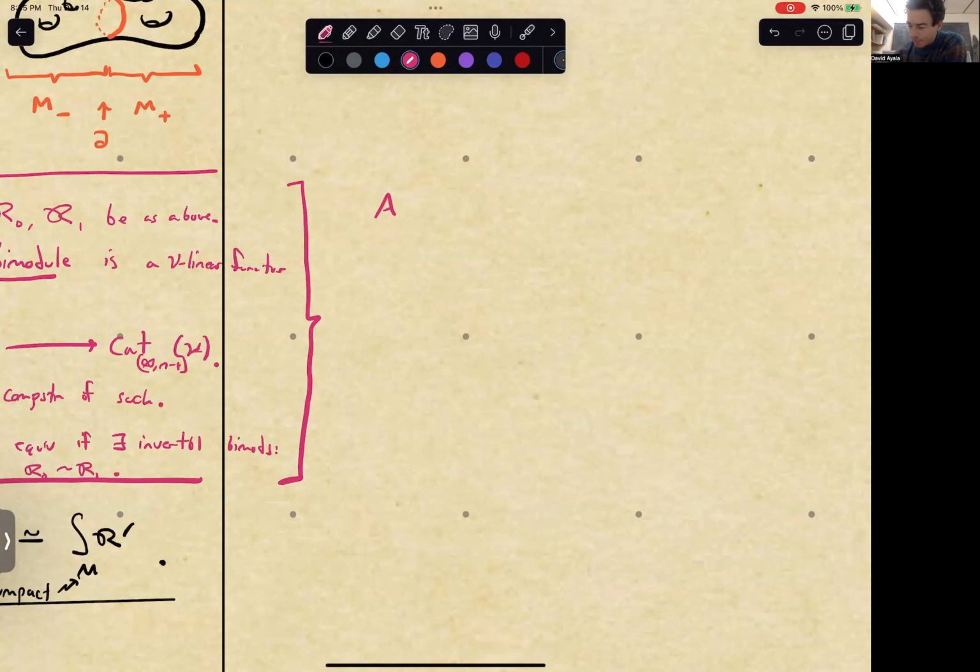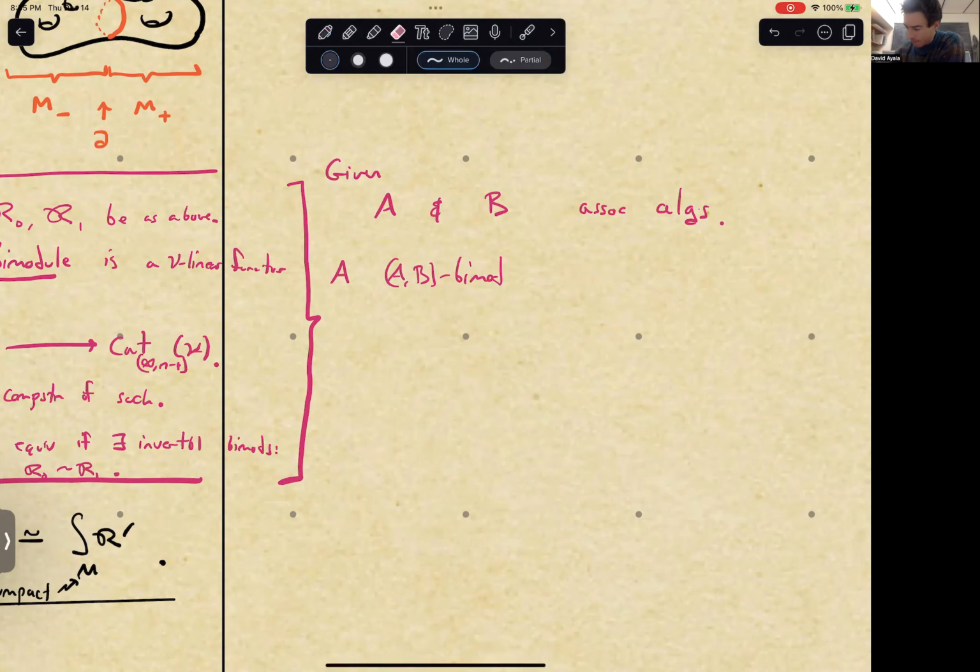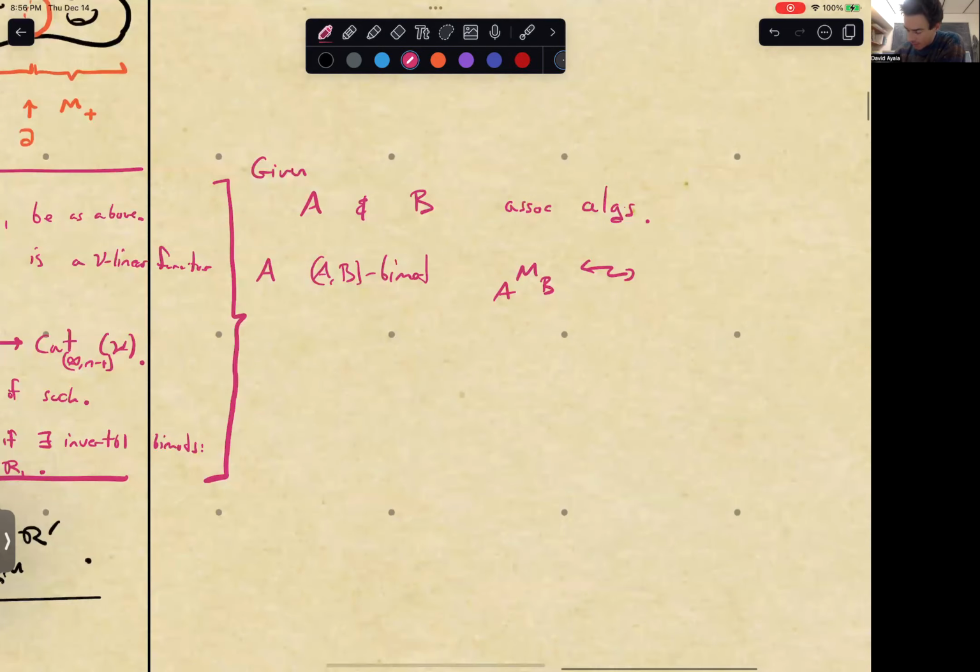So if A and B are algebras, an AB bimodule M is the exact same thing as a colimit preserving functor from A modules to B modules.